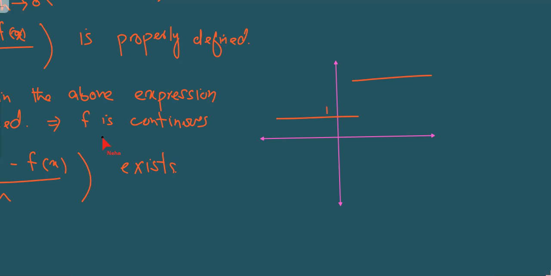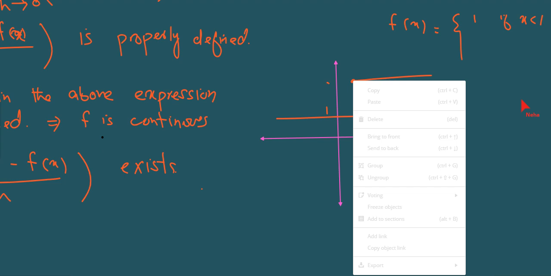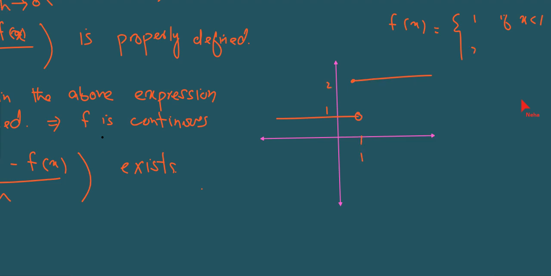It is f of x, let f of x be defined by 1 if x is less than 1, and it is 2 otherwise, if x is greater than or equal to 1. Okay, so this is a function now.